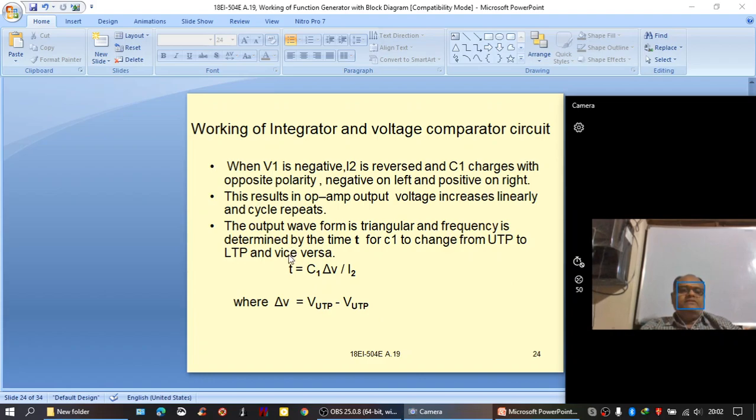For any capacitor, the equation for charge is given as either I into T or C into V. So here I2 into T is equal to C1 into delta V. What is the delta V? Delta V once again is upper threshold potential minus lower threshold potential. So based on this, the time period can be found out and hence the frequency can also be found out.